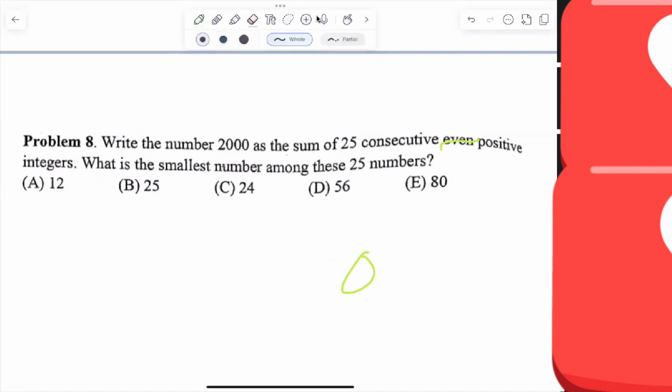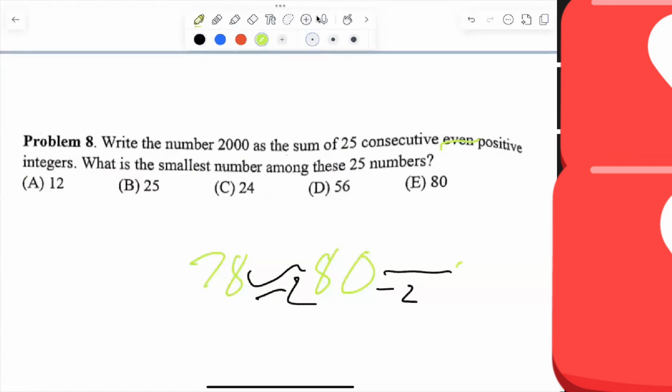Now, instead of counting back by 1, we just count back by 2. We subtract 2 to get to 78. Every time we go from here to here, we subtract 2. Add 2 in this case to get to 82, and so on.